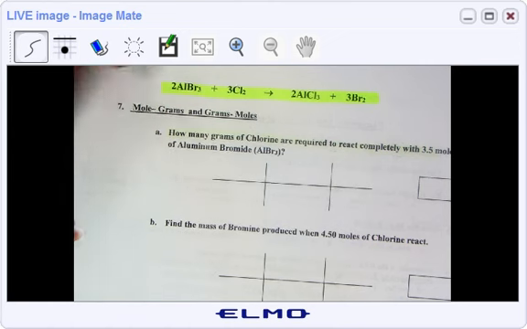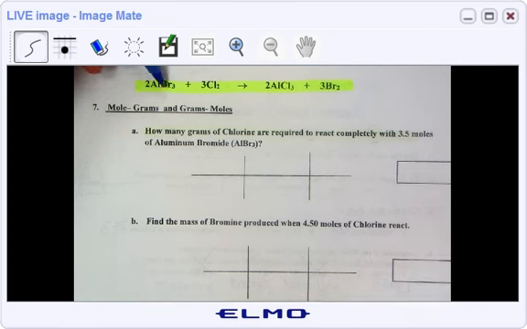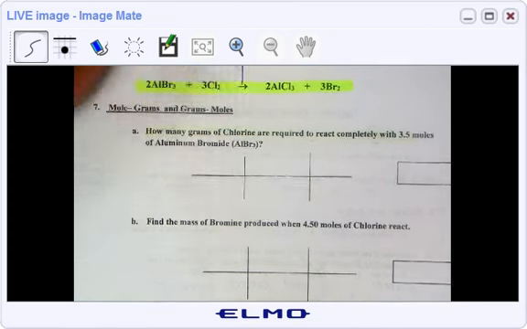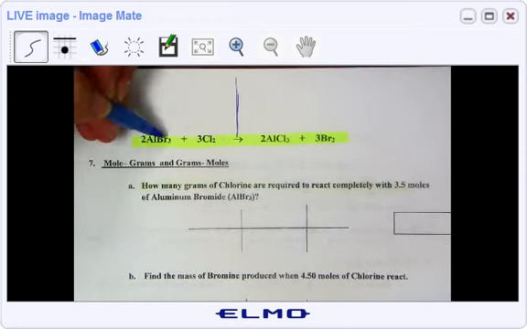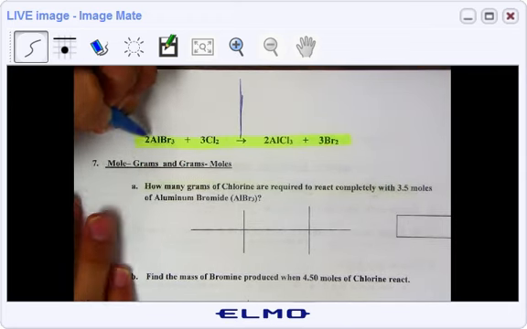Okay, before I even read it, I'm going to double check that this is balanced. When I say balanced, that means whatever elements are on this side have to be equal to the elements on this side. So it says I have 2 Als.